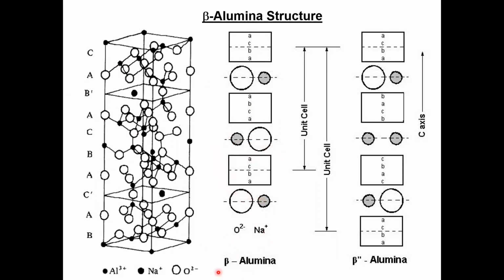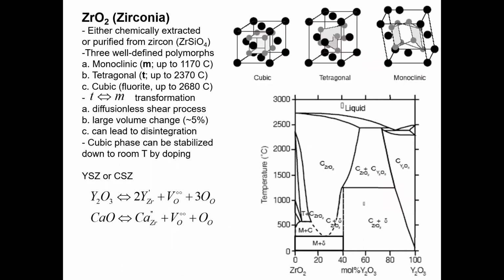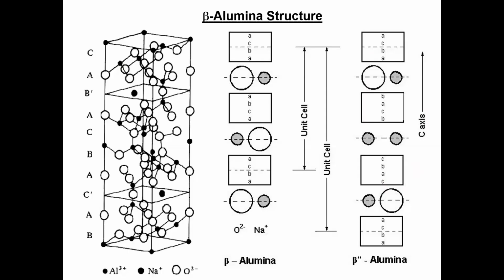There are two types of beta alumina structures, so-called beta alumina and beta double prime alumina, where the unit cell is bigger and the types of sites available for sodium differ. So there are 3 different types of sites available for sodium on the conduction plane. Those sites become equivalent in beta double prime alumina.